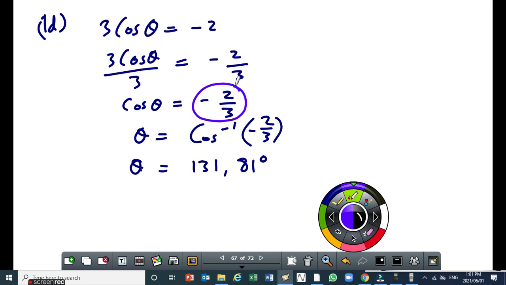Now, how can we get an angle in the third quadrant if we have a reference angle which is 131.81? What? We want the angle to be in the third quadrant, but our reference angle is 131.81.